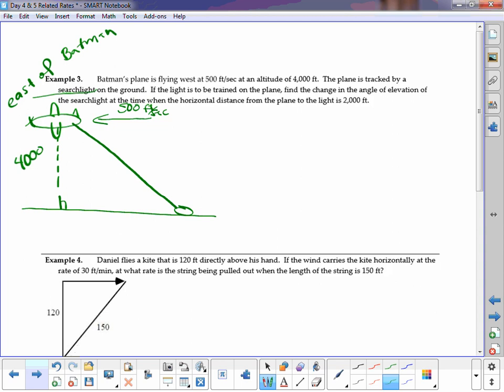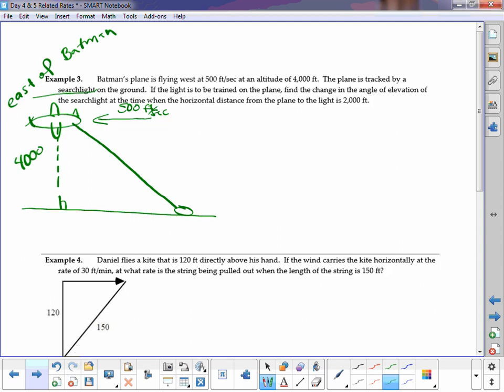We're talking about that horizontal distance. Is my distance increasing or decreasing? It's increasing. So do be careful with that. Even though it says it's flying west, that doesn't automatically mean it's going to be a negative rate. The horizontal distance between the plane and searchlight is increasing, so this will be a positive rate. Questions on that? You gotta look out for things like that.